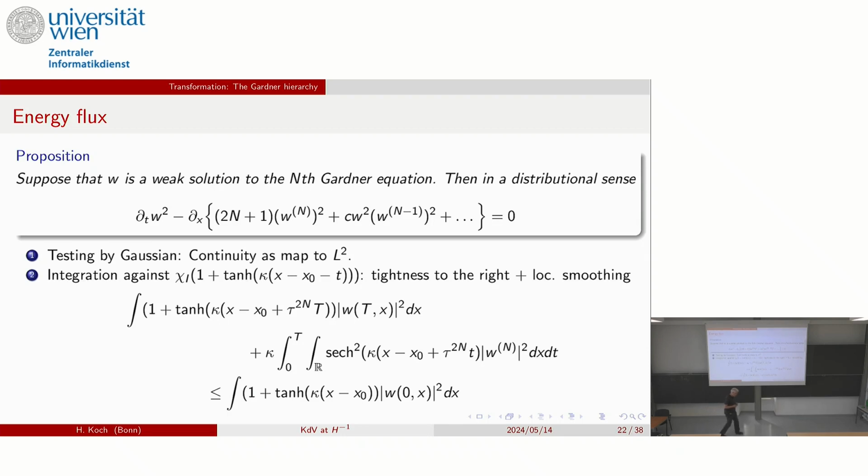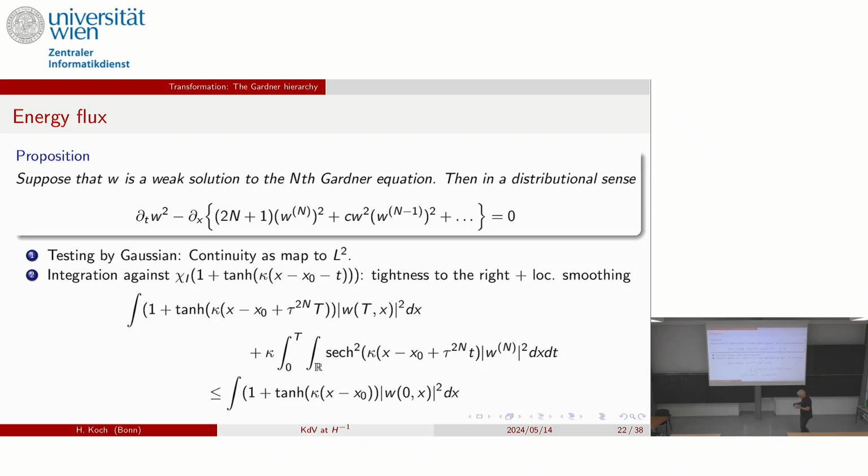Then you can do the Kato smoothing argument. You do the Kato smoothing argument, you get an identity which controls things which are to the right of... there should be a minus here. I think there should be a minus here.